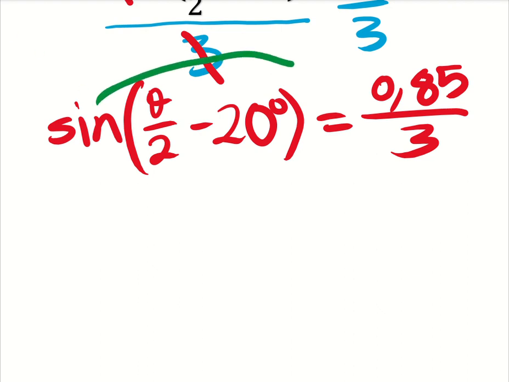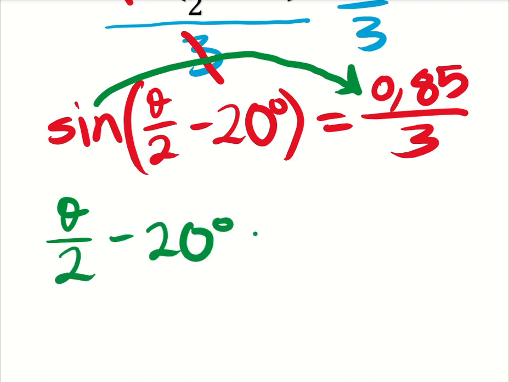Then the next step, guys, for sine, we can just take the sine to the other side. So when we take sine to the other side, we're just going to be left with what is in the brackets, which is theta over 2, then minus 20 degrees. Okay guys, one thing you need to know: when sine goes to the other side, it won't become a negative sign. You just leave it as positive sine, but it will become the second function of sine.